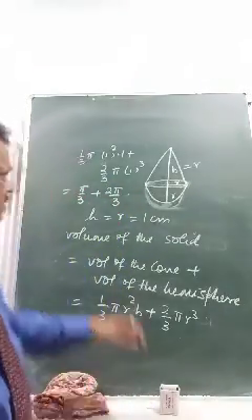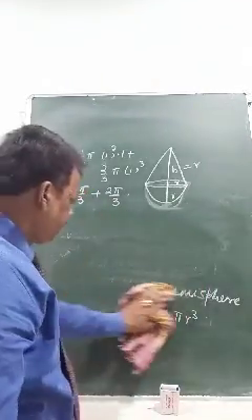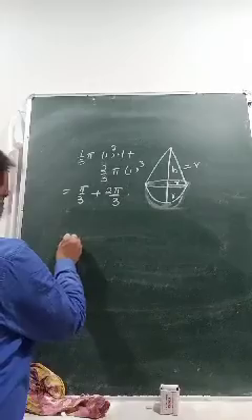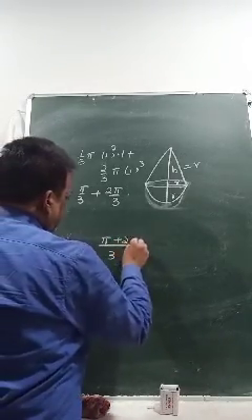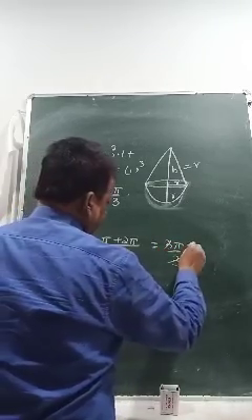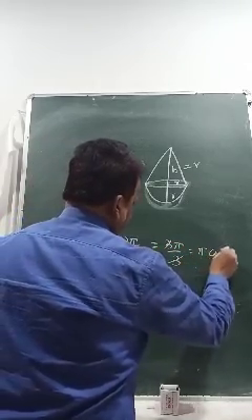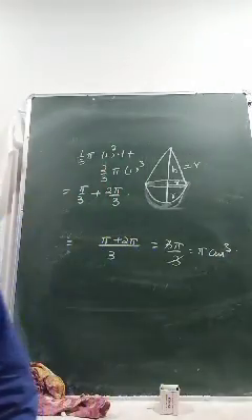The denominator is the same, so pi plus 2 pi is 3 pi by 3, that is pi centimeter cube. Okay, you got the first question.